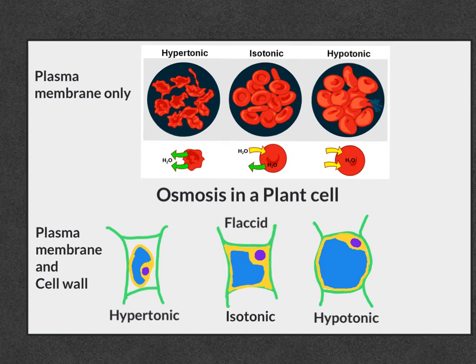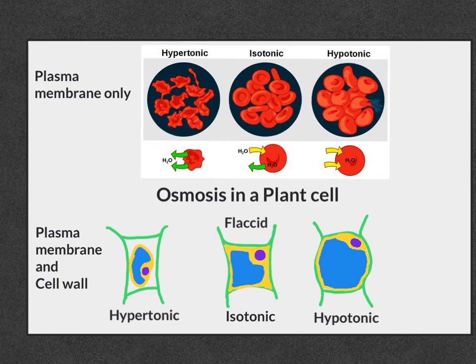What happens here is that in a hypotonic solution, where there's less concentration outside of the cell than inside of the cell, remember that causes water to flow into the cell. And so there is actually more water inside of the cell. But because the plant cell has a rigid cell wall, the plant cell does not burst or lyse.